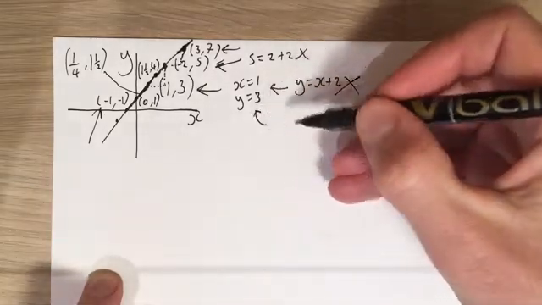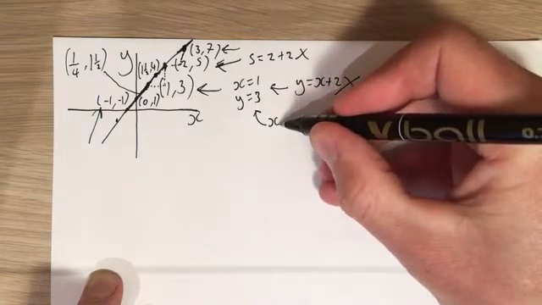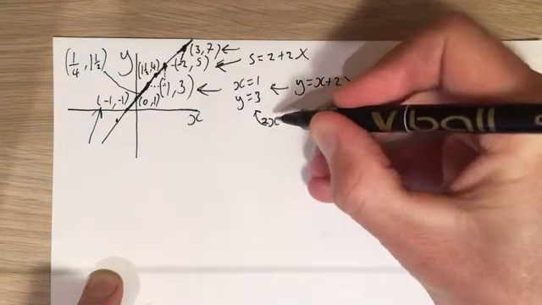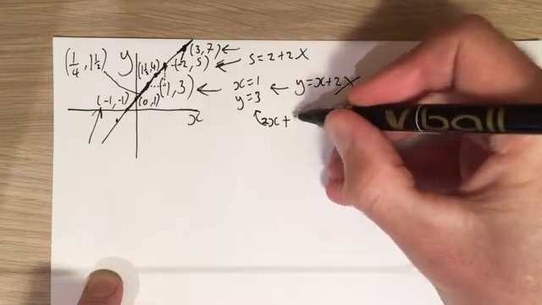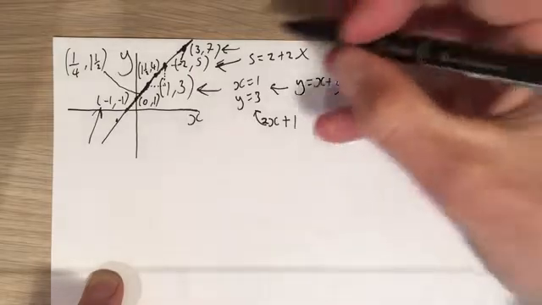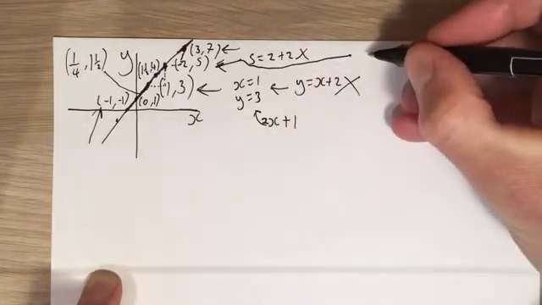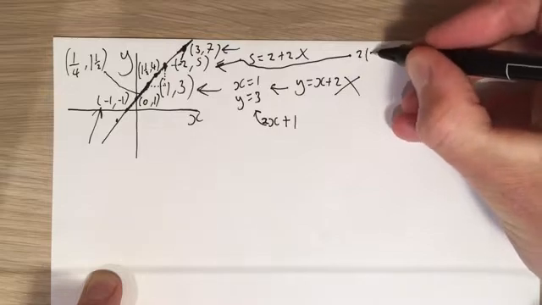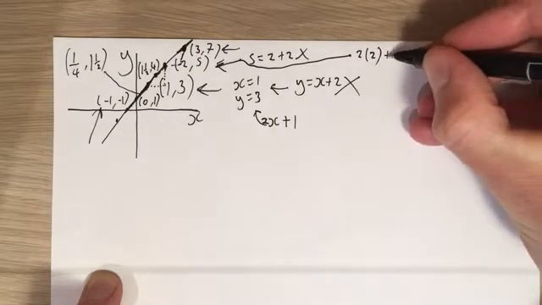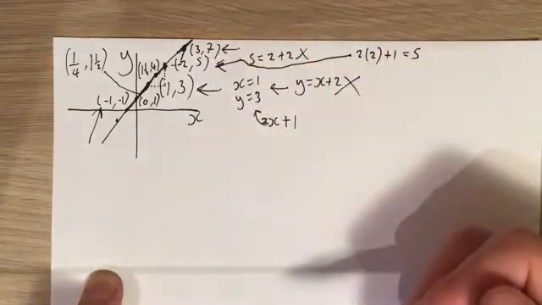Another way you could do this, you could get x, you could times it by 2, so let's make that 2x, and then you could add 1. Let's have a go at that one. So here, x coordinate is 2, so 2 times 2, 2 lots of 2, plus 1 equals 5, which is indeed the y coordinate.